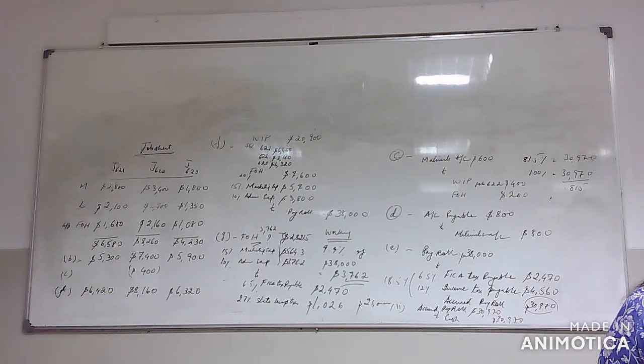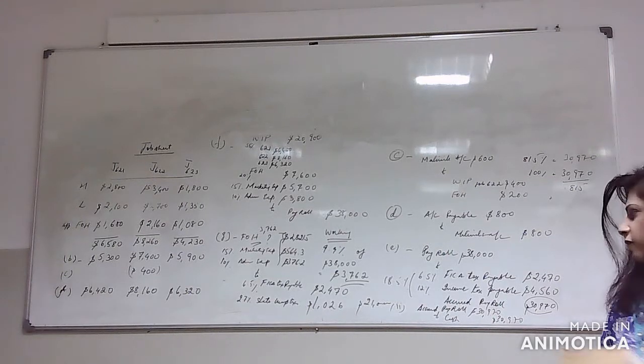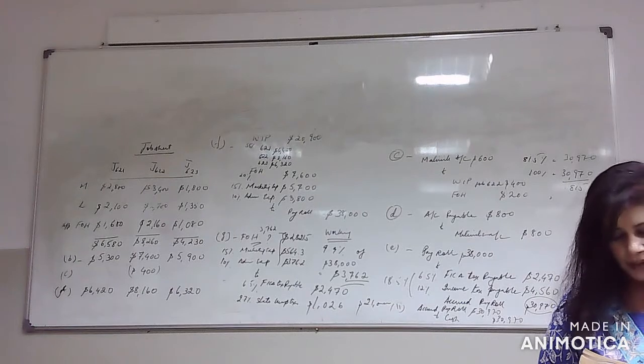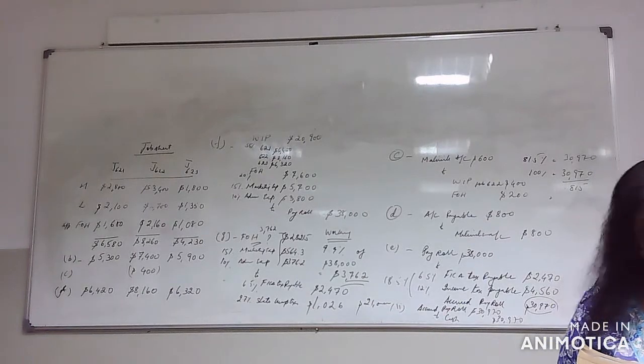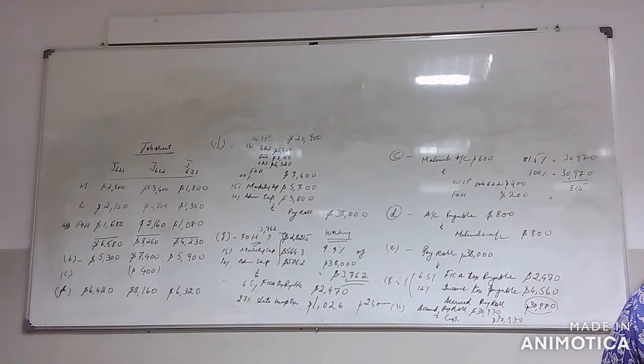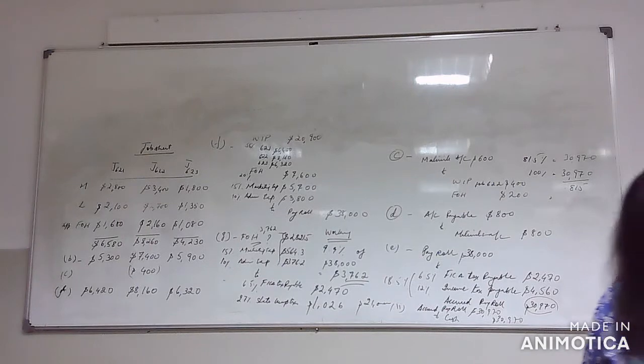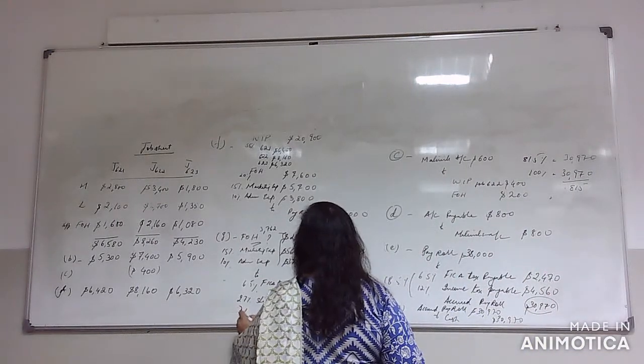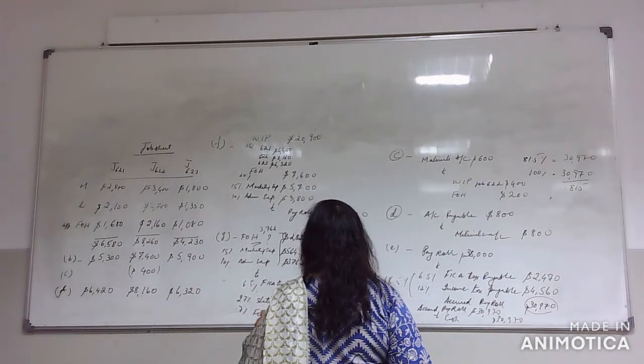These are state unemployment taxes, and 0.7% is federal unemployment taxes. So it's 0.7 by 100, which is actually 0.007, into 38,000, and you get about $266. So the federal 0.7% is actually federal taxes. Federal taxes are $266.